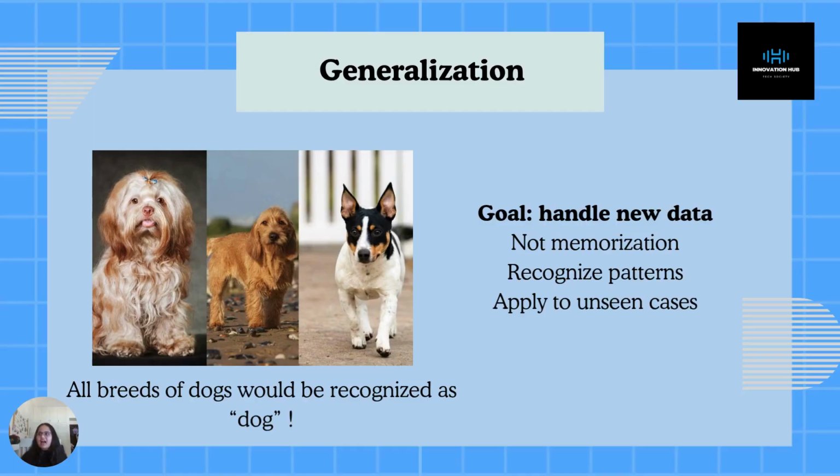You can think of it as overly fitting onto the training data. Instead, we want the model to learn patterns that apply broadly. This allows it to make accurate predictions in real world situations. So, generalization is what makes machine learning useful beyond the training dataset.